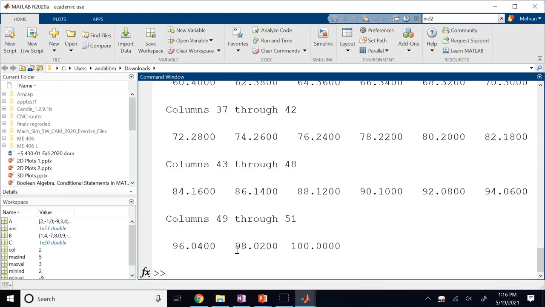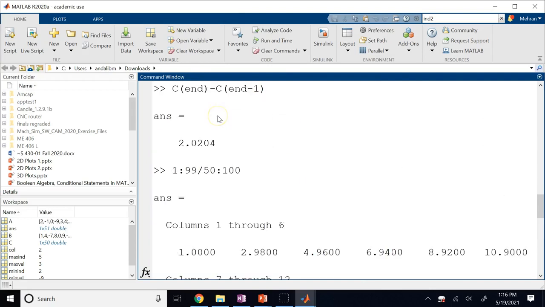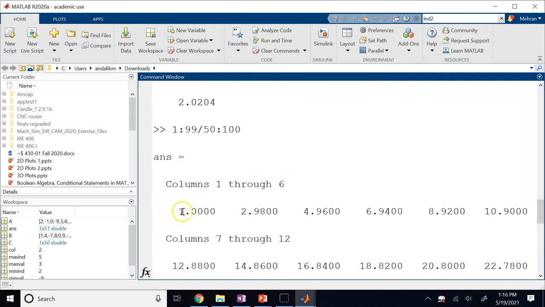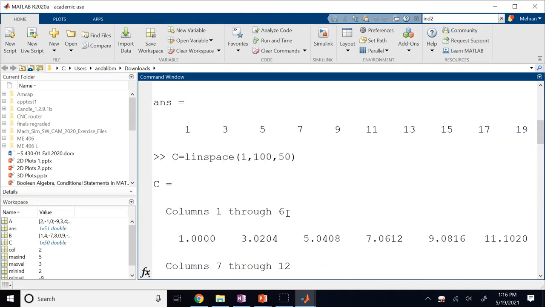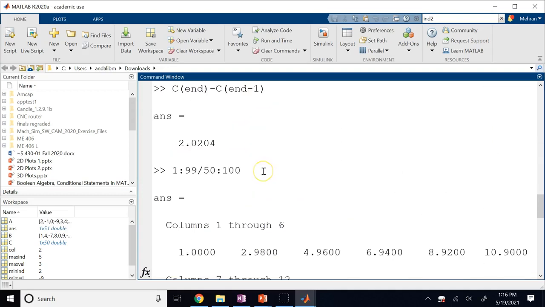Now, as you can see, this guy here, look at this. You see, you're starting at 1, jumping to 2.98, while last time you were 1 and you jumped to 3.02. And what's the size of this answer? If you look at it, it has 51 data points.